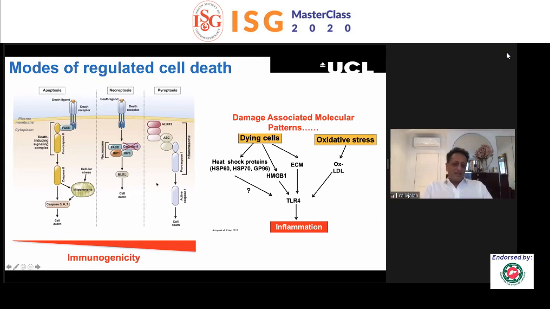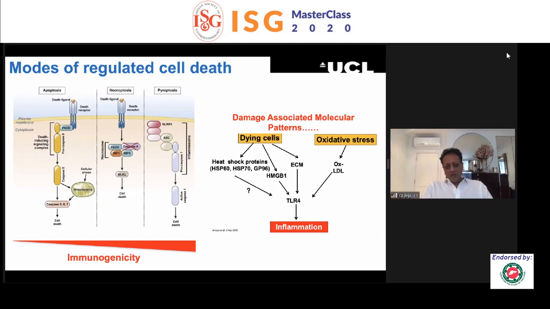And this is a caspase-1 dependent form of cell death, which is very important. Why this is important is because as you move from apoptosis to non-apoptotic forms of cell death, the form of cell death is more immunogenic, which means that these damage-associated molecular patterns lead to much more severe inflammation and the risk of death. All right.